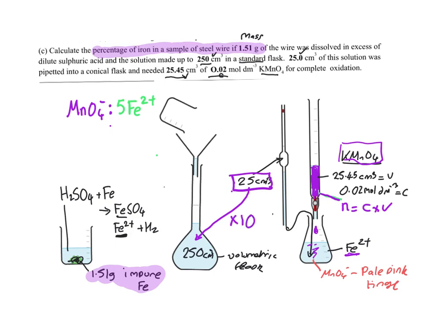And since we know the ratio of manganate to iron, we now know the number of moles of manganate in 250, and what we can now do is scale that up 5 times. And now we know the number of moles of iron, we can find the amount. Let's do that step by step.